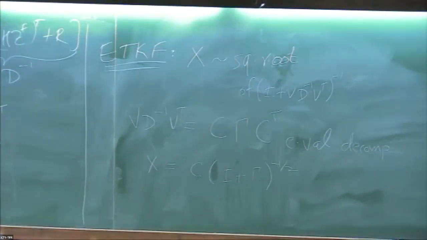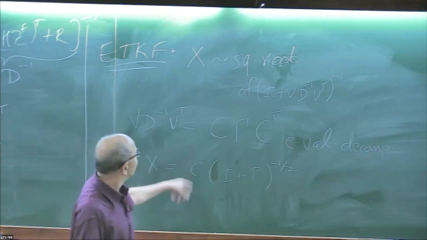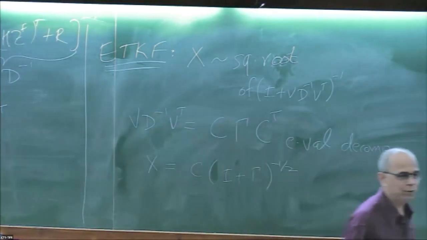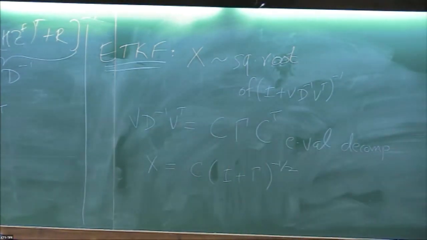That is, this is the square root that we will use in order to get the ensemble analysis covariance to be equal to I minus KH times the ensemble forecast covariance. And this choice of the square root of this matrix achieves that objective. So this is another couple of lines of calculation that you can do. Okay. So that is what is called the ETKF, the ensemble transform Kalman filter.